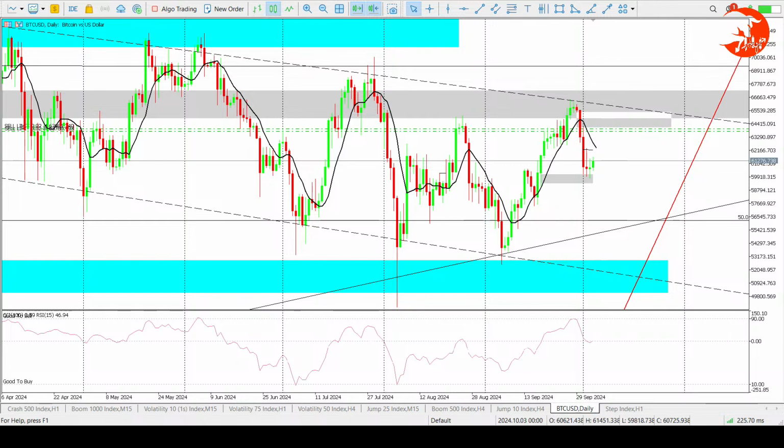Simply I'm saying we may see price move back up there, you see where my sell limits are. That's a better level, but also we have that fair value gap on that level after that order block, and you want to take advantage of that. When price gets back there, you have your sells.